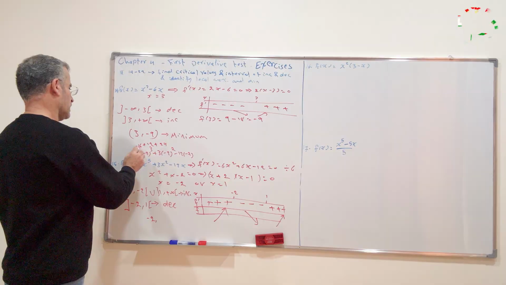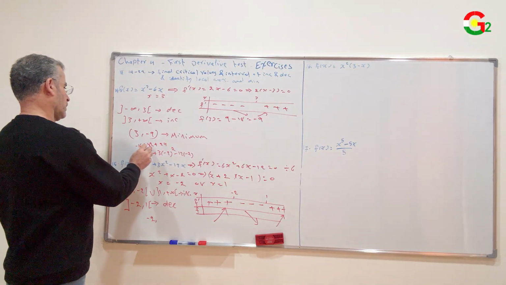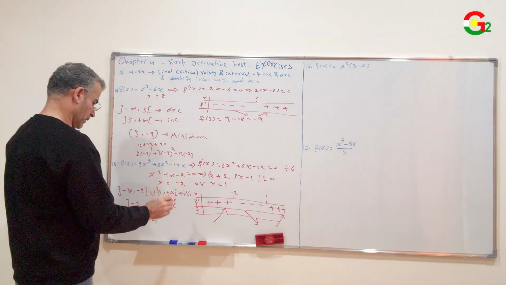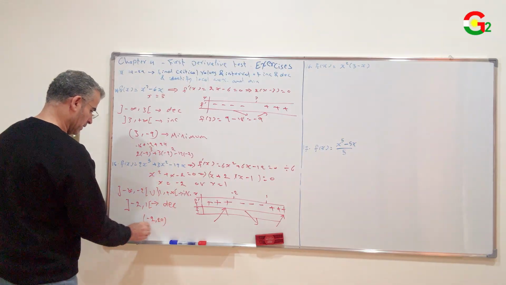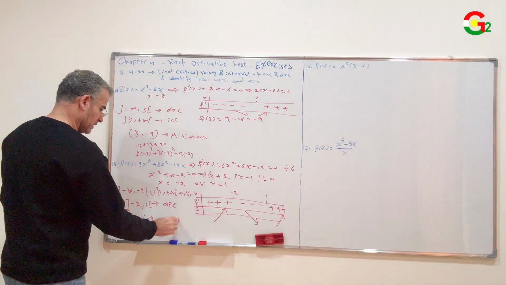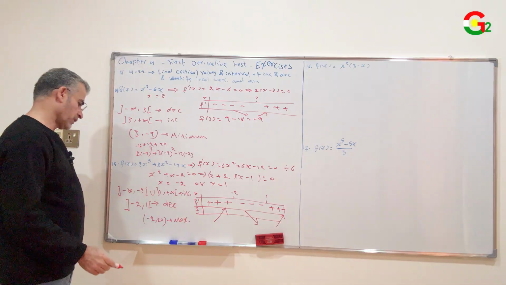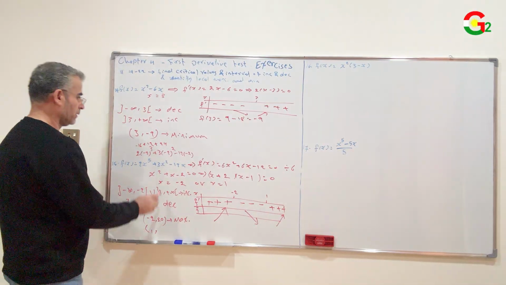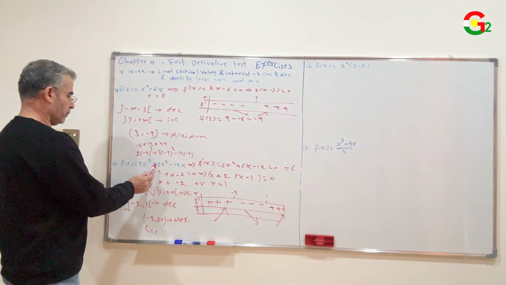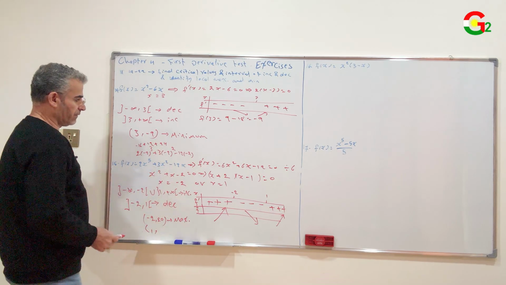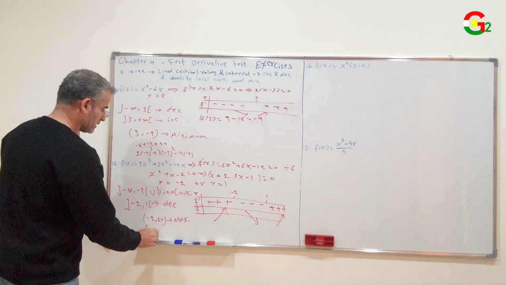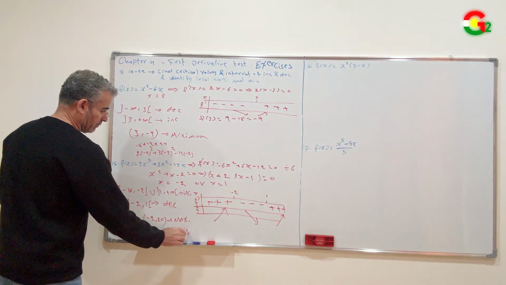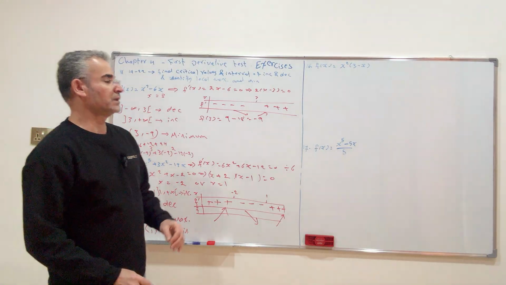It is negative 4 plus 20. So negative 2, 20 is a local maximum point for this function, and when x equals 1, 2 plus 3, 5, 5 minus 12, negative 7 is a local minimum point for this function.